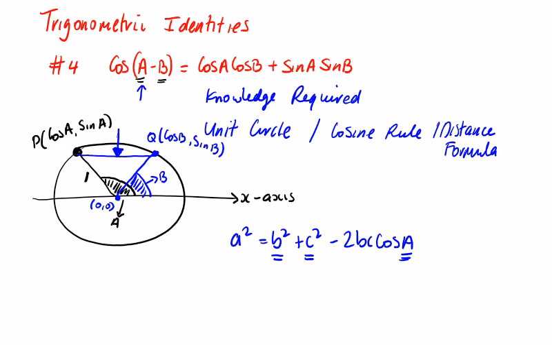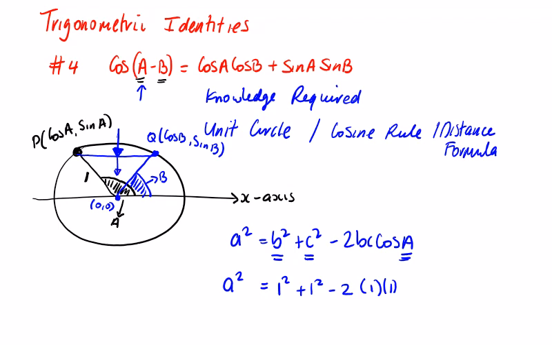So if I fill this information in, a squared is on its own, which is PQ squared, equal to 1 squared plus 1 squared, the two sides that connect the angle, minus 2 times 1 times 1 times the cos of the angle opposite this side.